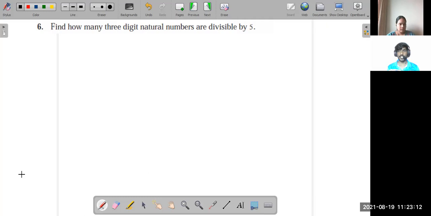Which is the smallest three-digit number divisible by 5?